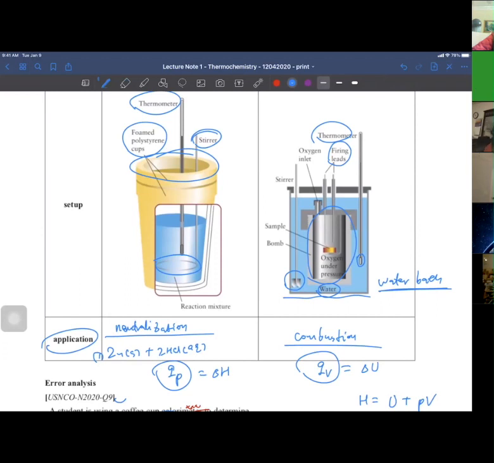Hey, Dr. Chen. I have a question: isn't it also true that delta H is equal to QV? Delta H equals what? QV. If you do the equation, wouldn't the work for both be 0? So it'd just be Q. I don't think so.